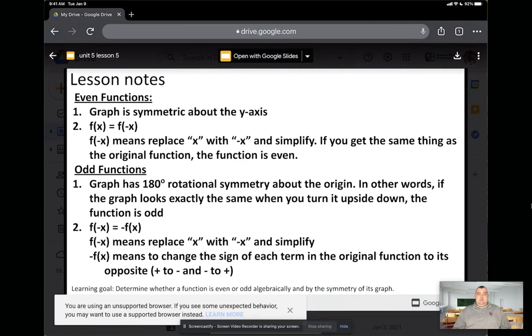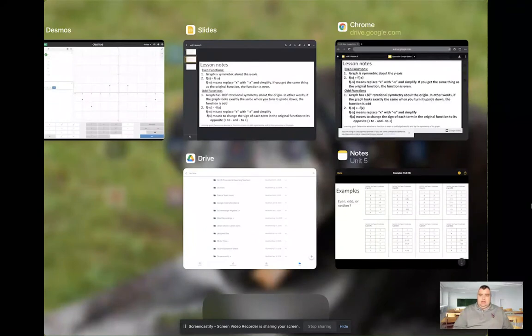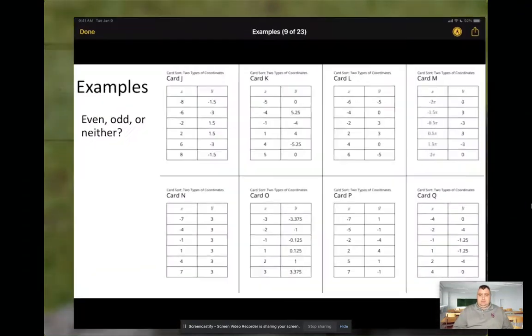And if it's odd, then great. If it turns out it's not odd, then it would be neither of the two. Like I said earlier, in today's lesson, we're just going to focus on the graphs of functions and looking at the symmetry. So with that in mind, let's take a look at the examples for today.